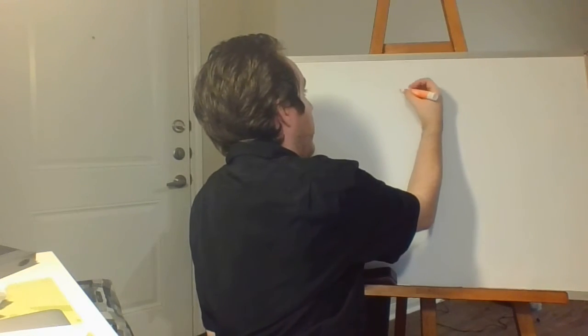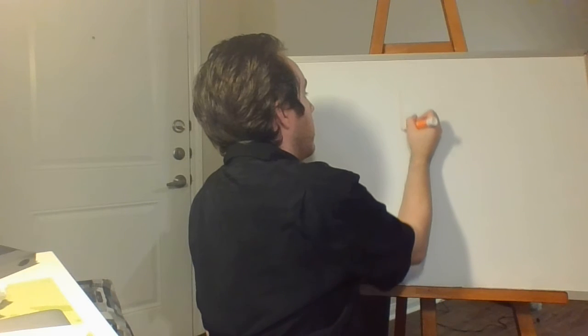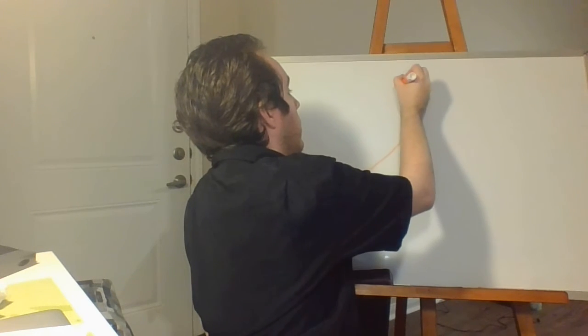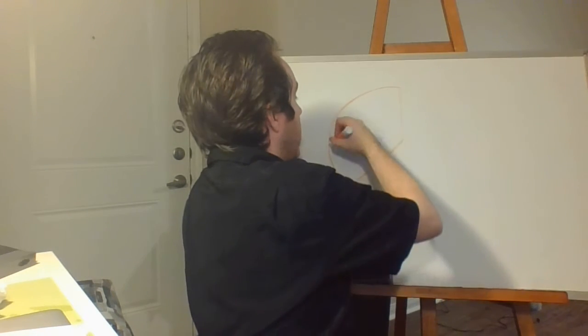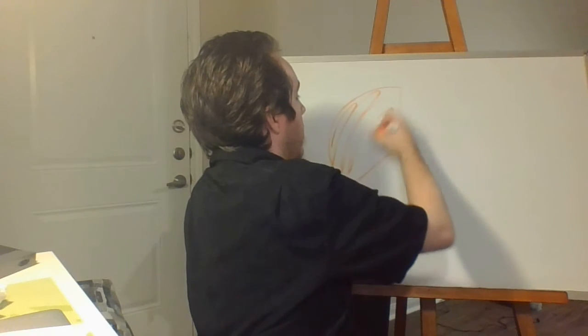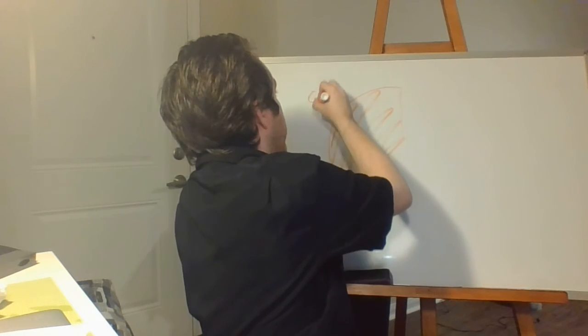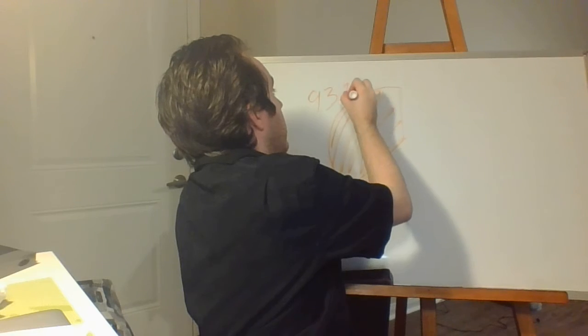Your pie chart will look a little bit like this. We have an orange part here. That's 931 soldiers.